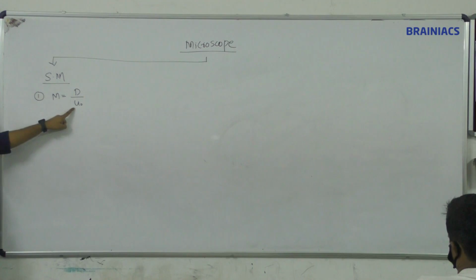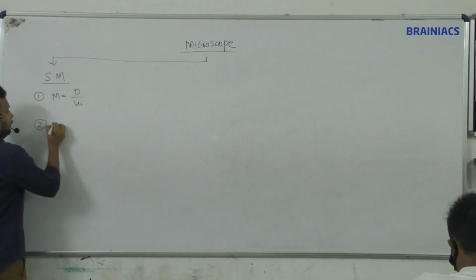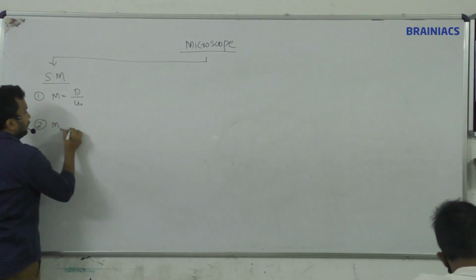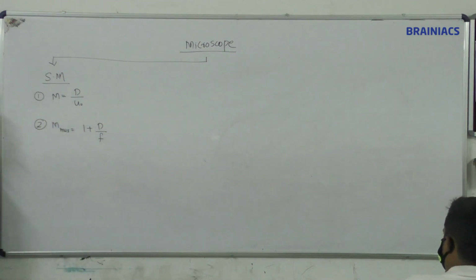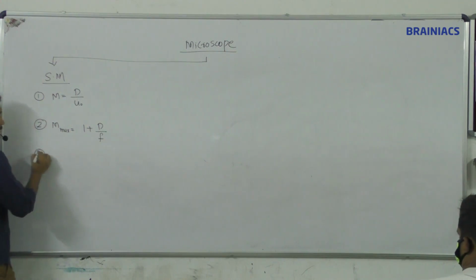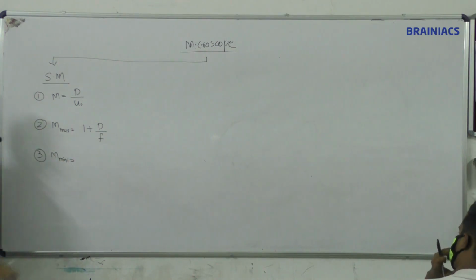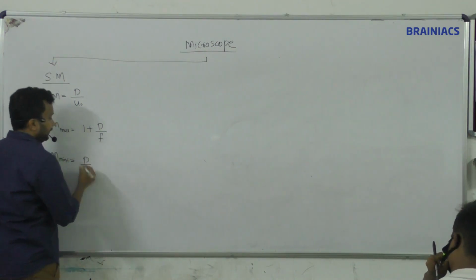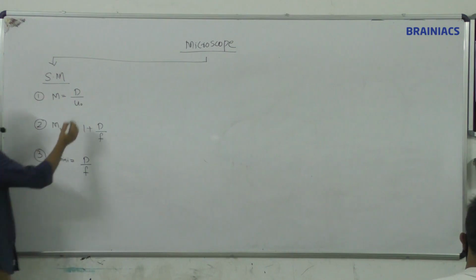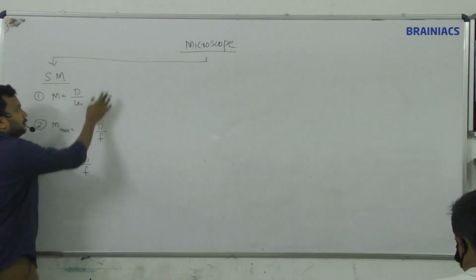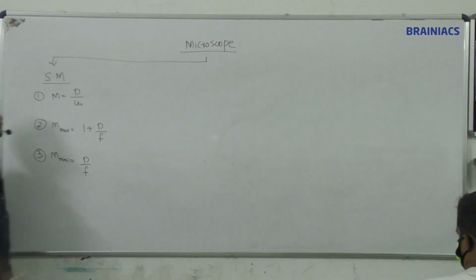Whatever lens, U naught and UE are the same. Second one, maximum magnification, M max is 1 plus D by F, the focal length. Third one, M minimum is equal to D by F. What is the formula for length in this case? There is no length here; length comes when we go to the compound microscope. So in this there are only 3 formulas, right? What is the next one?